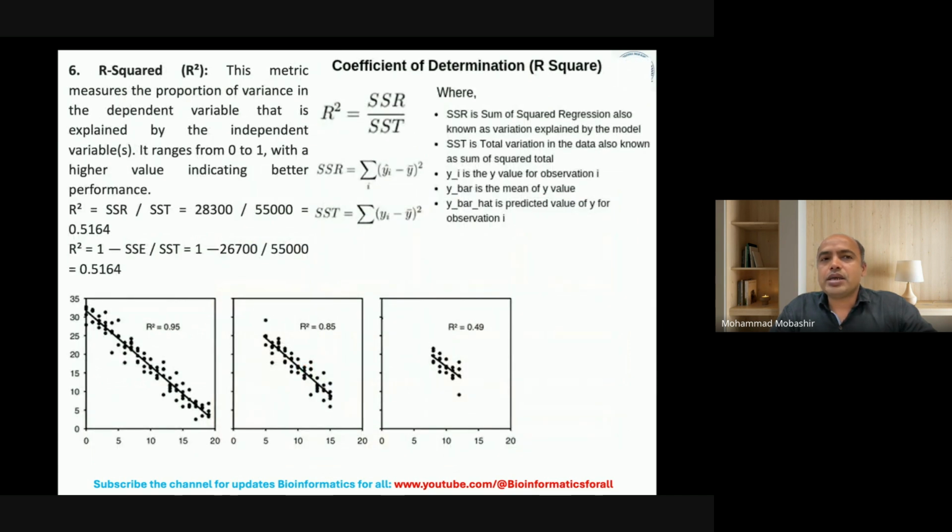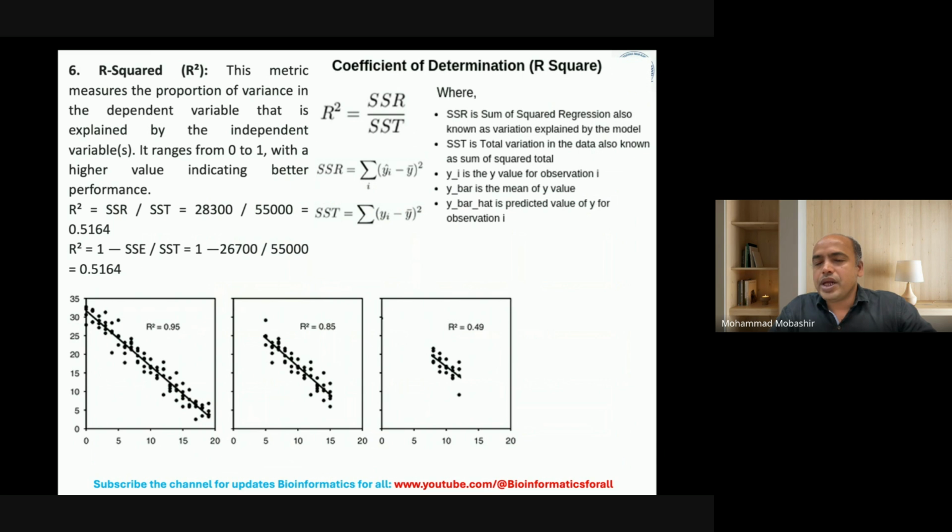Now it is R squared. This metric measures the proportion of variance in the dependent variable that is explained by independent variables, and it ranges from 0 to 1. So here you can see R squared, SSR, and SST. These three are related to each other.